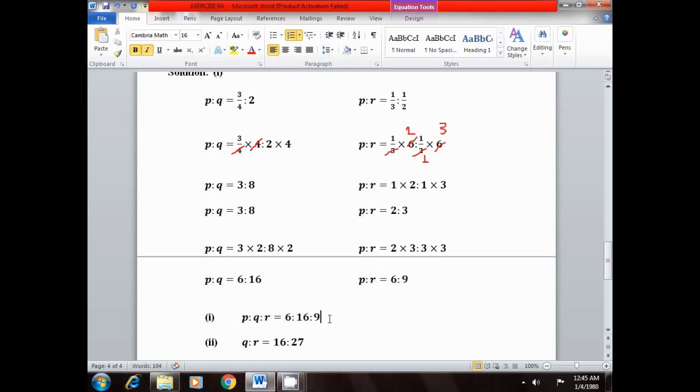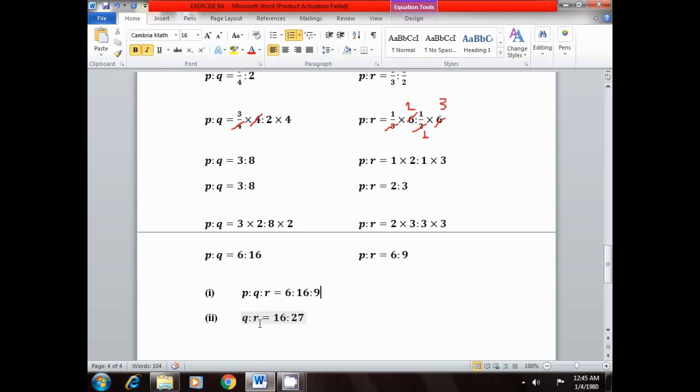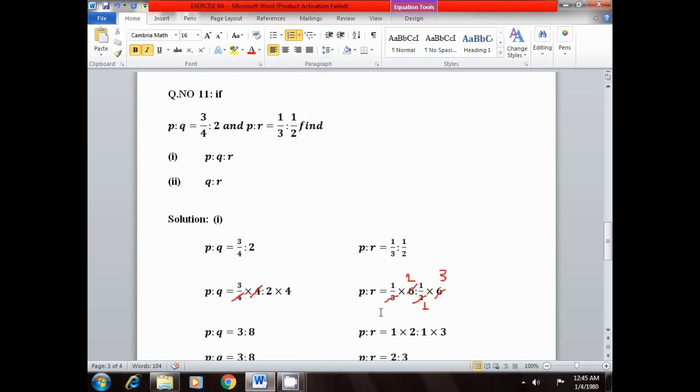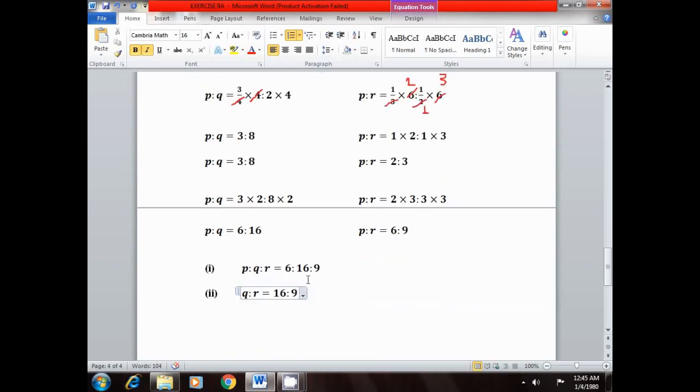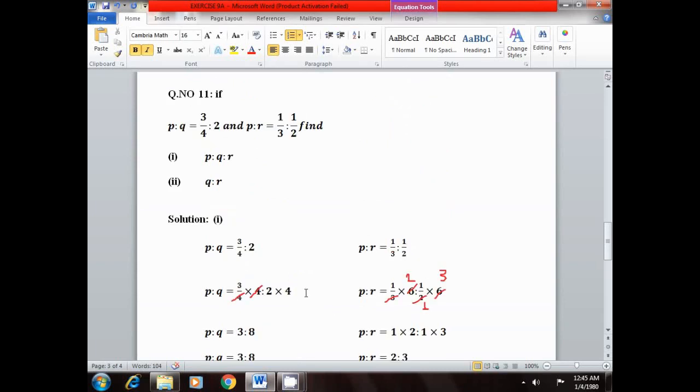So p ratio q ratio r is 6 ratio 16 ratio 9, and q ratio r is 16 ratio 9.